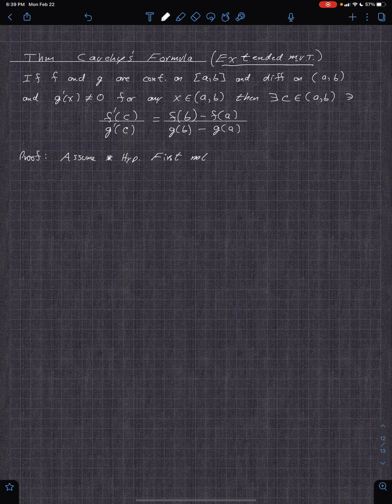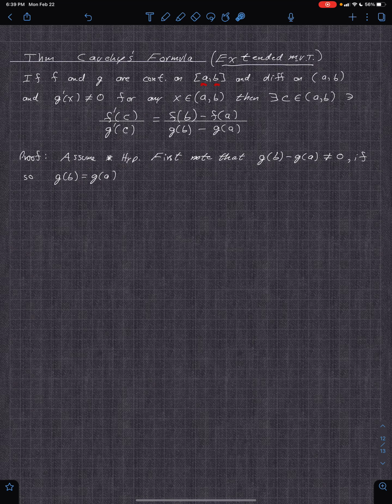So first, note that g of b minus g of a does not equal 0. But let's just suppose it did. If so, g of b would equal g of a.